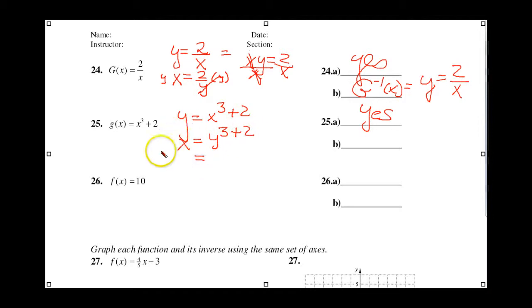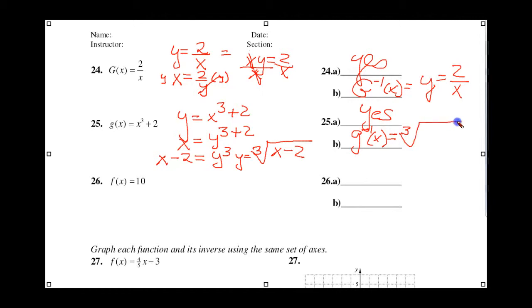We then transpose the 2, and this becomes x minus 2, transposing that sign is y to the third, and this is going to become then the third root. Y is equal to the third root of x minus 2. So this is going to be g inverse of x equals the third root of x minus 2.